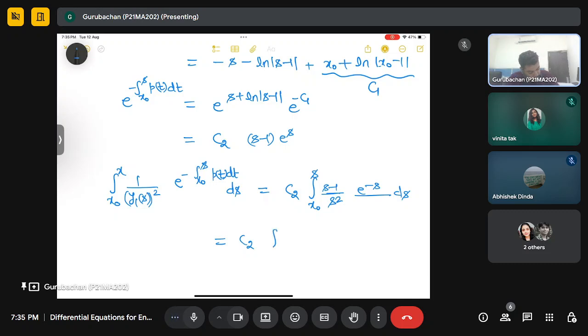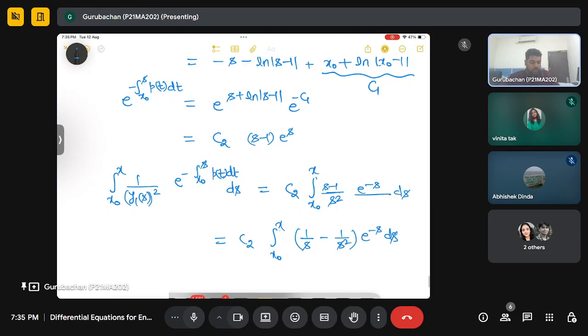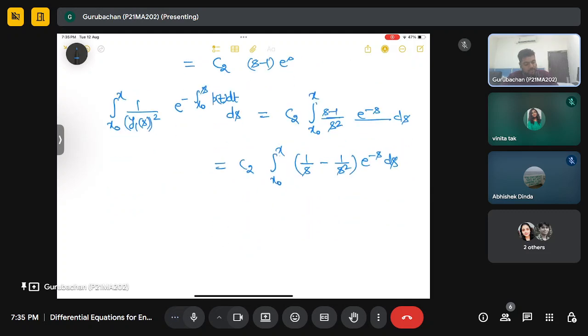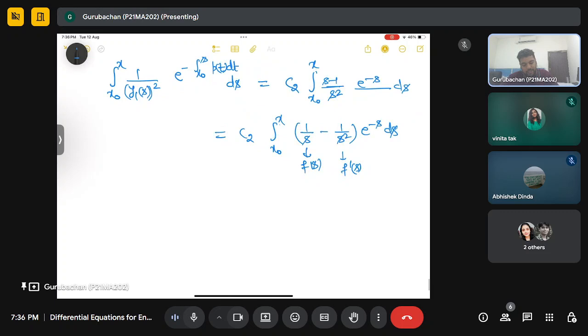Now can you get some idea? If you rewrite it, x naught to x, 1 by s minus 1 by s square. One of the approaches is that this is some function f of s and this is its differentiation, so we know the direct integration. The other approach is to apply this simple ILATE rule.